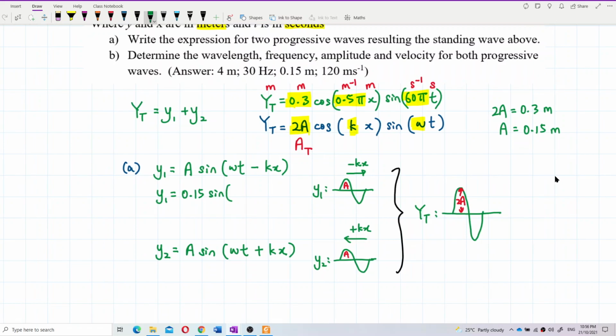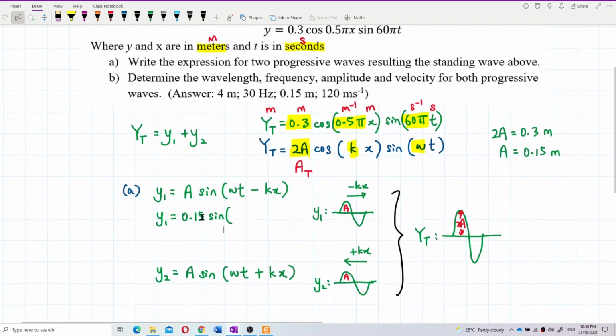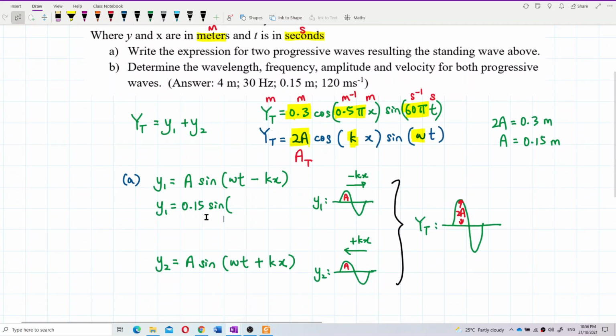The standing wave is 0.3, so the individual wave is 0.15. Omega, so what's the omega? Omega we find from here. This is the omega, 60 pi, with the t. So this is 60 pi t.